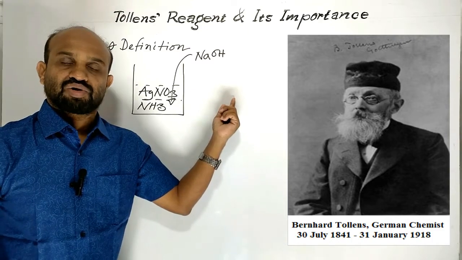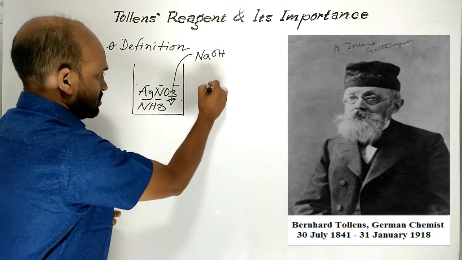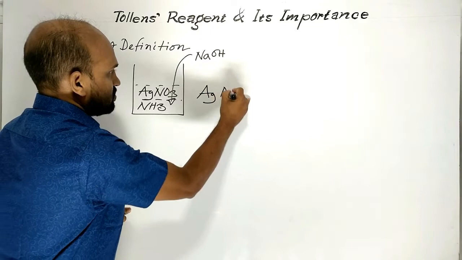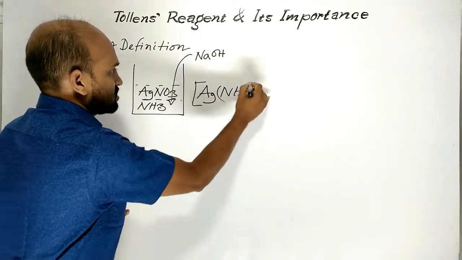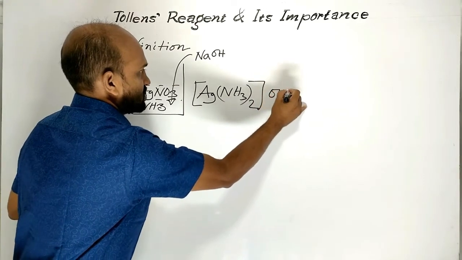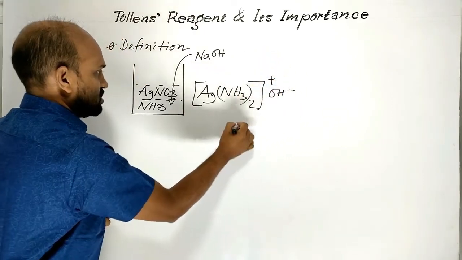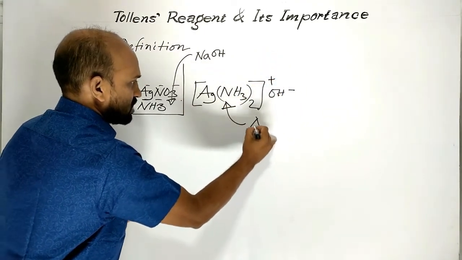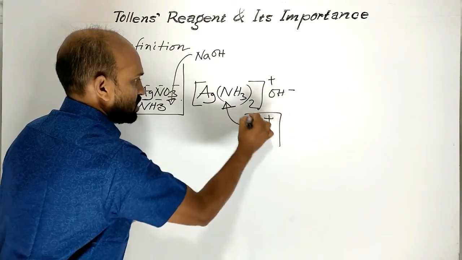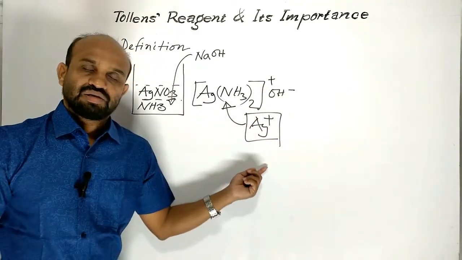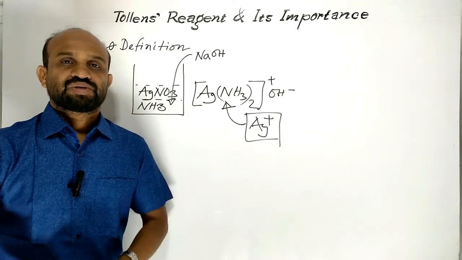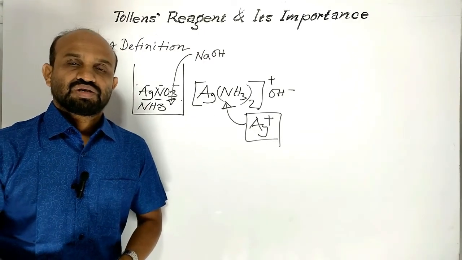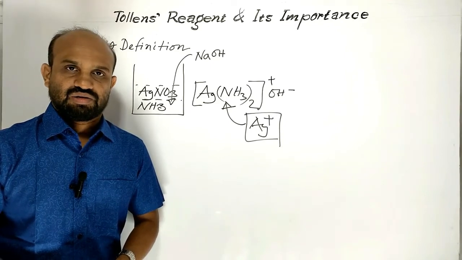The chemical formula of Tollens reagent is diamine silver hydroxide. This solution actually contains silver ion. This is the Tollens reagent, a solution of silver nitrate with excess ammonium hydroxide.